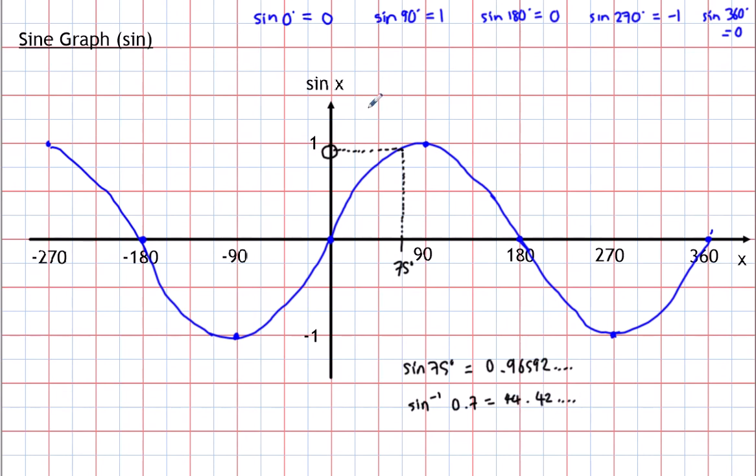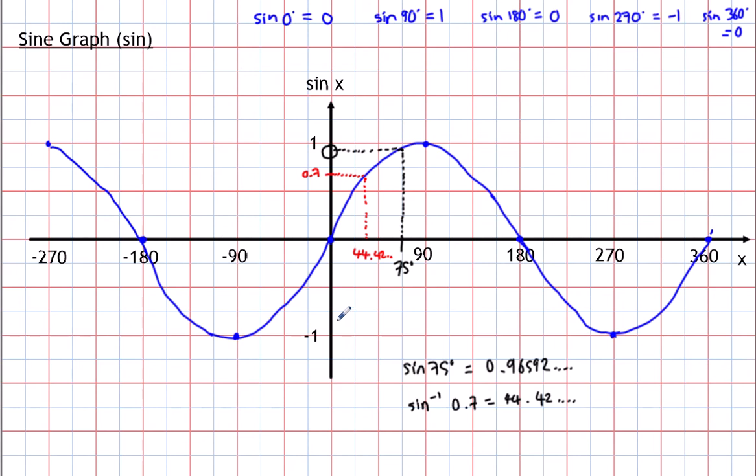How is it doing that? So what the calculator is doing off this graph is that it's finding 0.7 on this axis, and it's saying, well, what angle does that match up with? And that matches up with 44.42. That's where a calculator gets its numbers from when you're doing trigonometry questions.